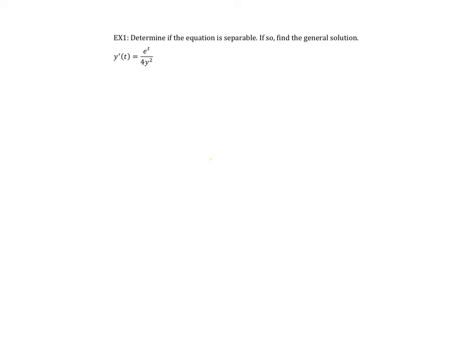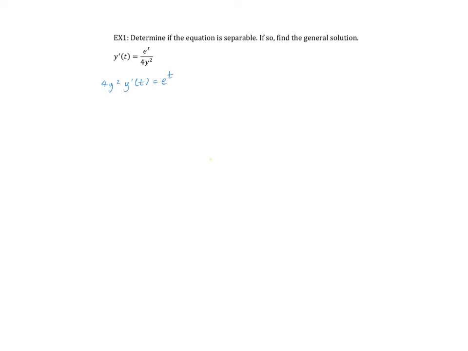If it's separable, we should be able to bring the y and the derivative of y as a product on the left-hand side, which we can do if we just multiply both sides by 4y squared. Then I have e to the t on the right-hand side. So the derivative and the function y on the left is a product equal to anything with the variable t on the right.